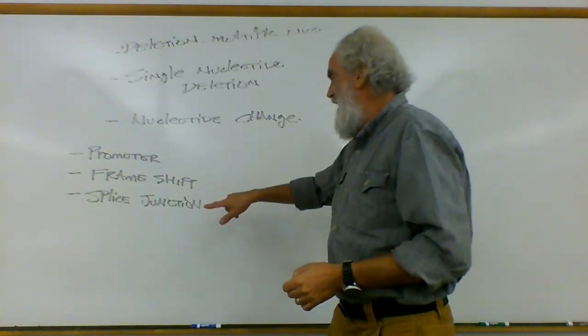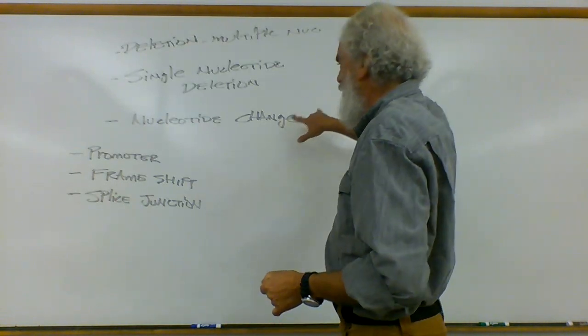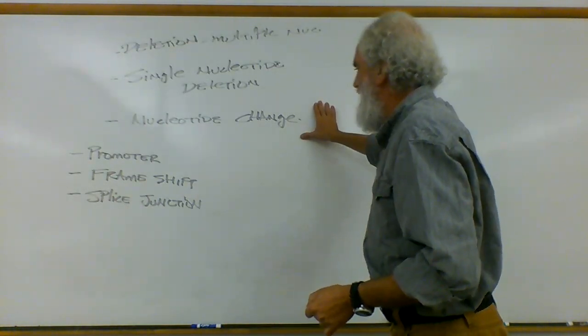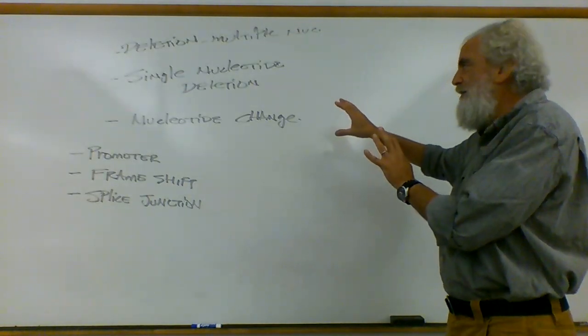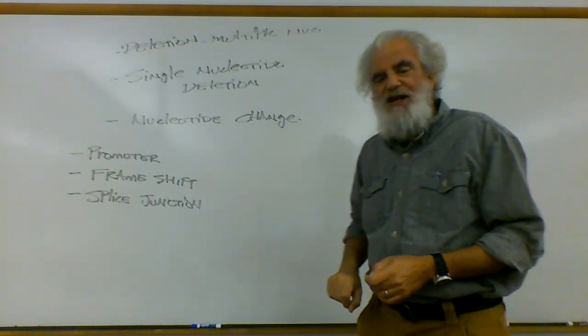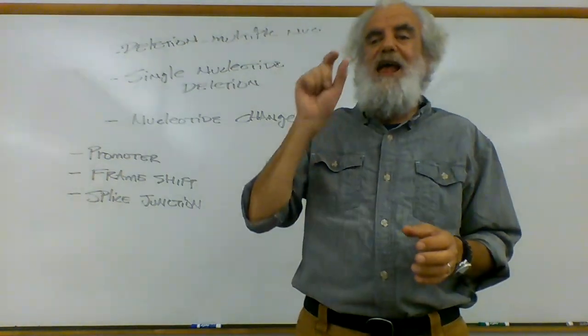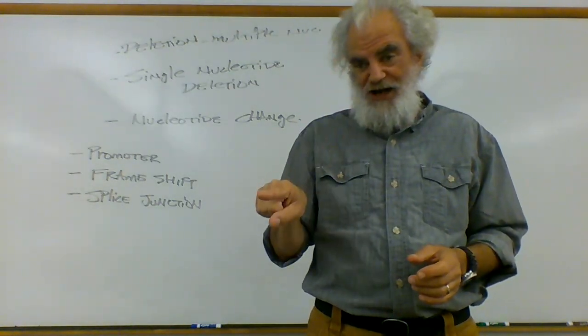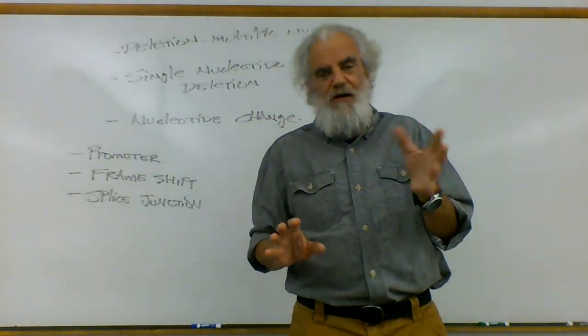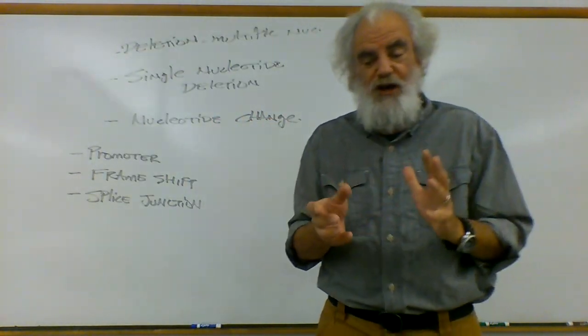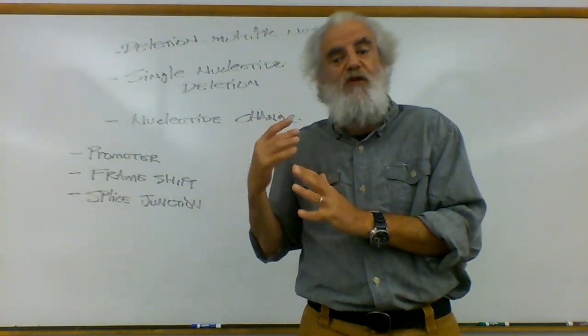Now, a nucleotide change is going to be a bit more subtle, in that a nucleotide change could generate an amino acid change. When you look at the codon chart, as we start to look at it evolutionarily, it is designed to actually kind of handle this.